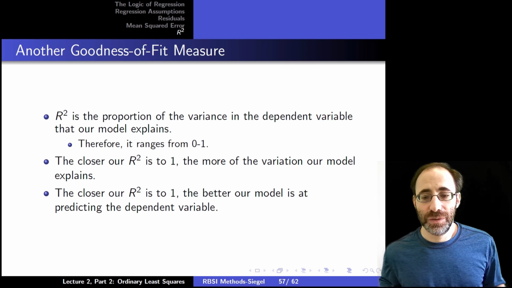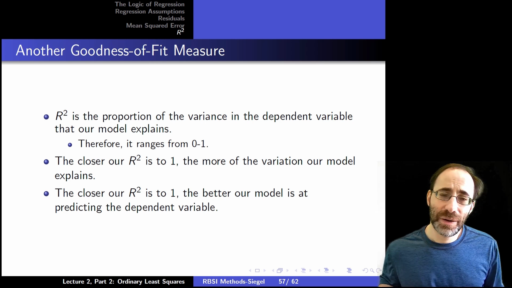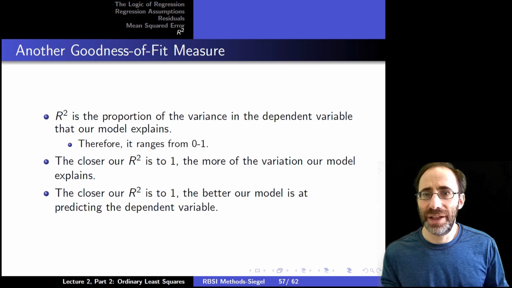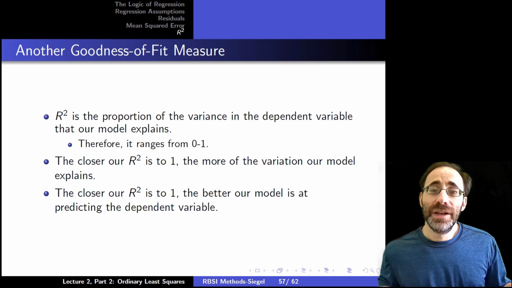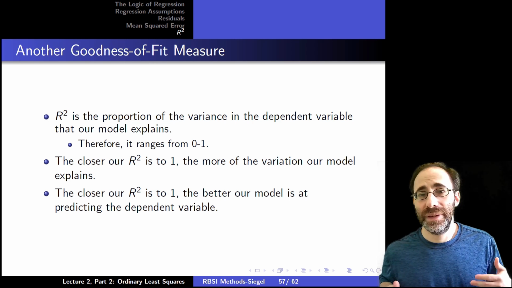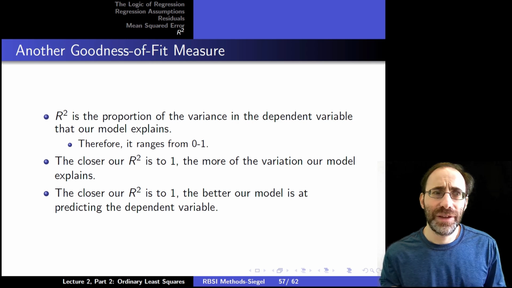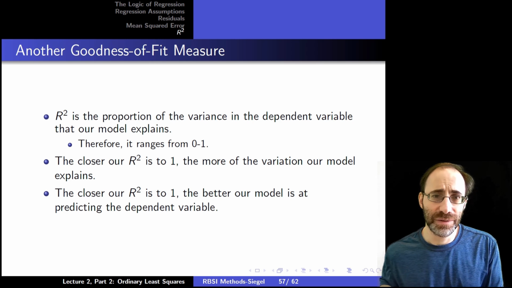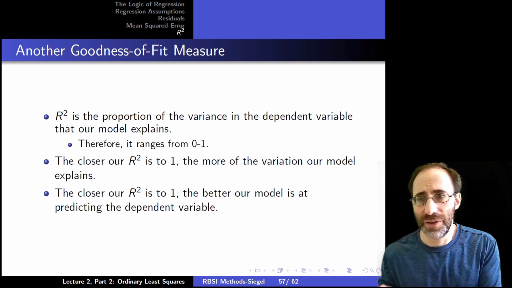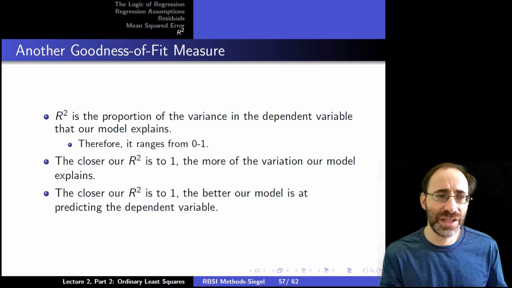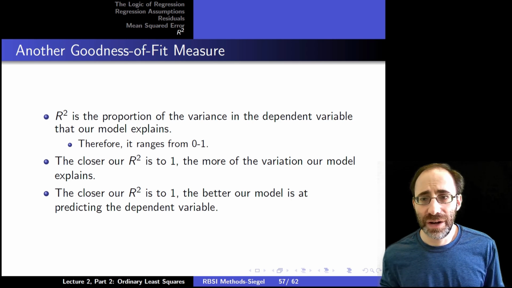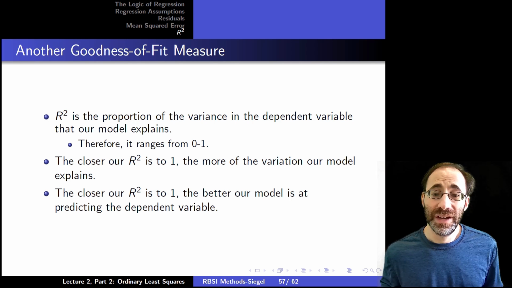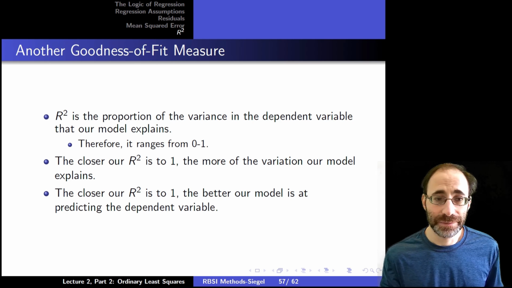Whereas the root mean squared error requires a little more knowledge and context to interpret, R squared is more broadly interpretable across different cases without having to know details about your actual case, like what the standard errors are, what the size of the variables are, and so on. R squared is normalized between 0 and 1, so it's in some senses easier to understand.